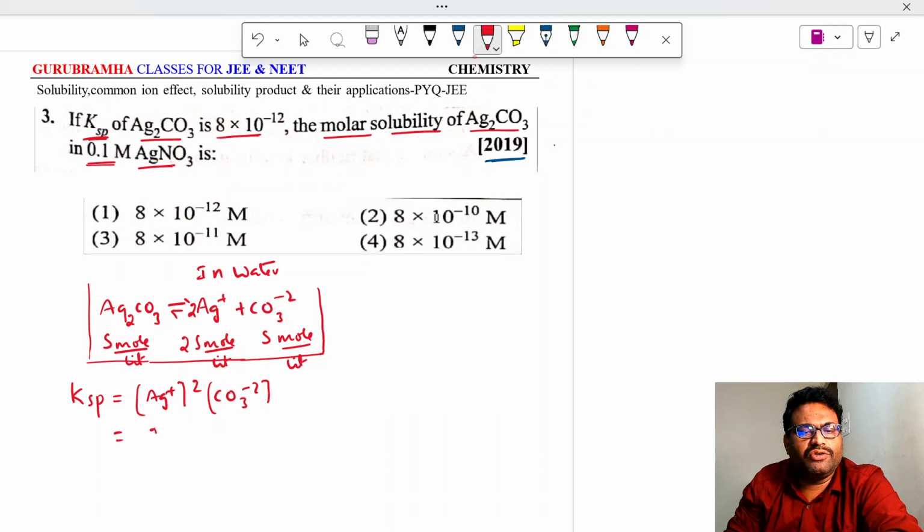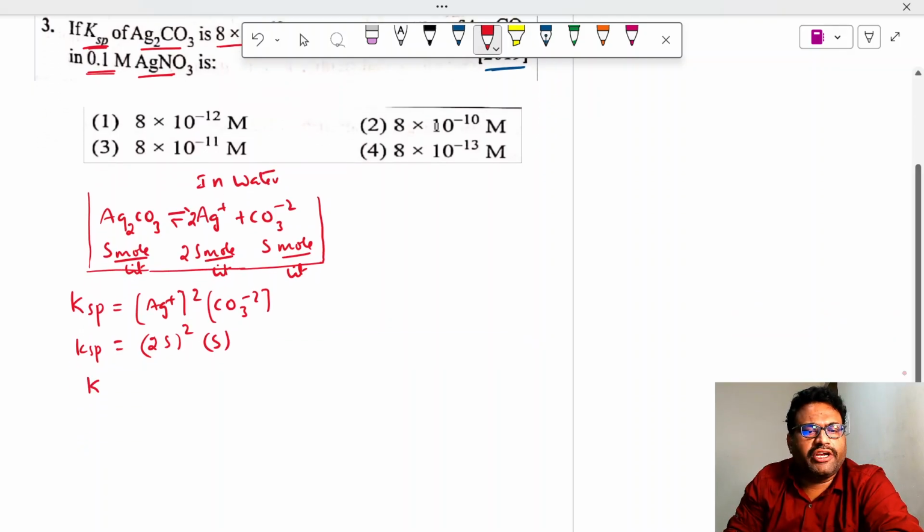Then that is equal to 2S whole square into S. One more step let us write, otherwise we may not understand. So Ksp is equal to 4S square into S, which is equal to 4S cube.